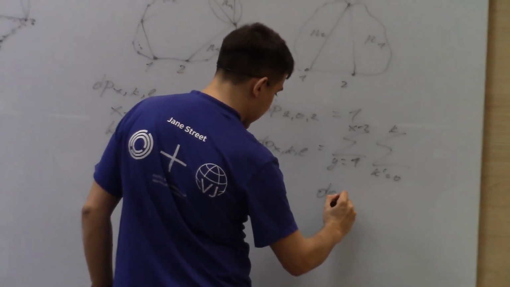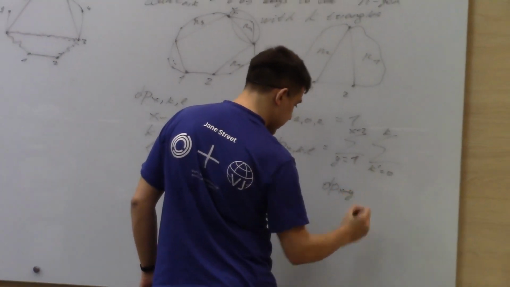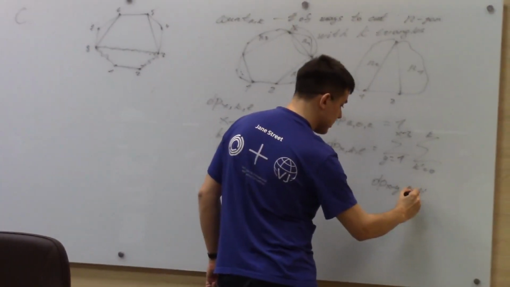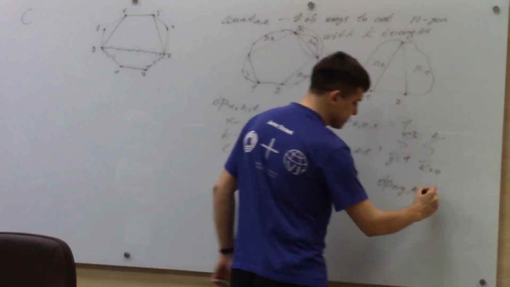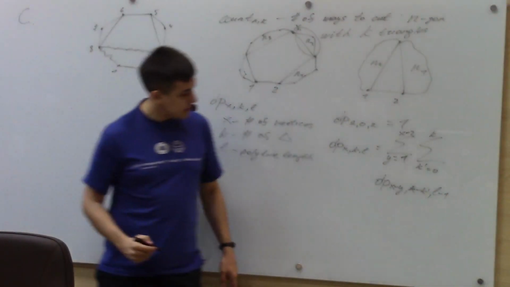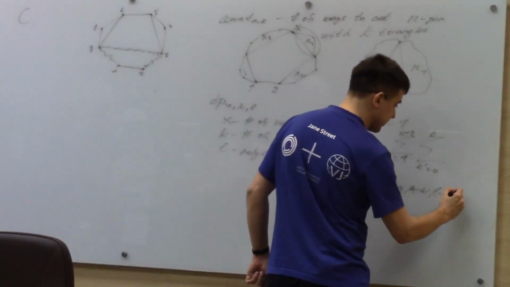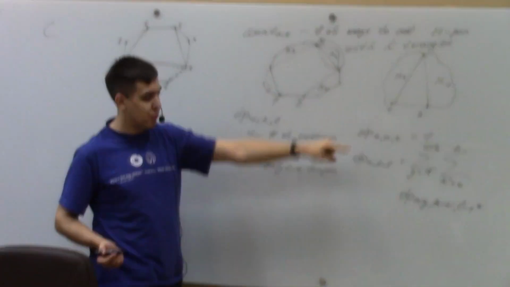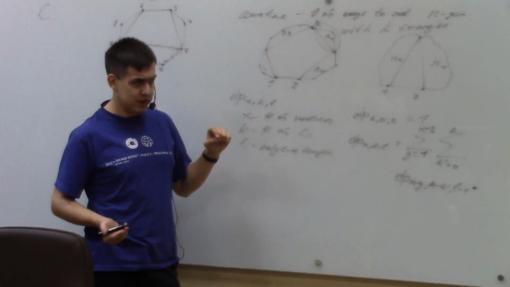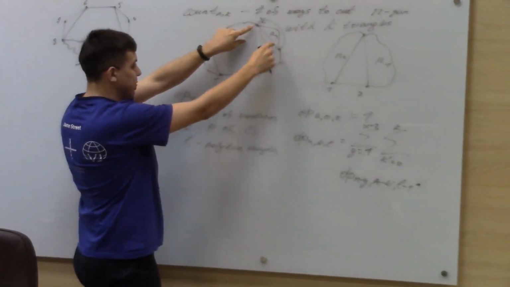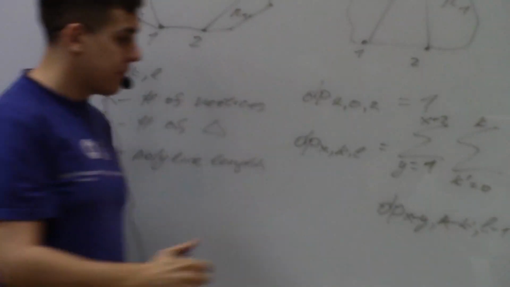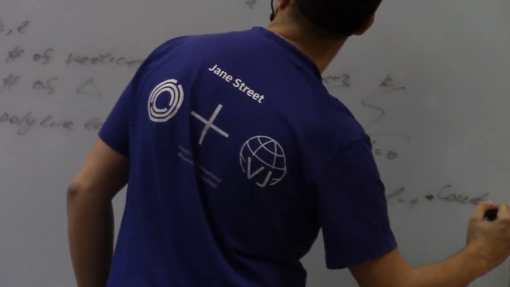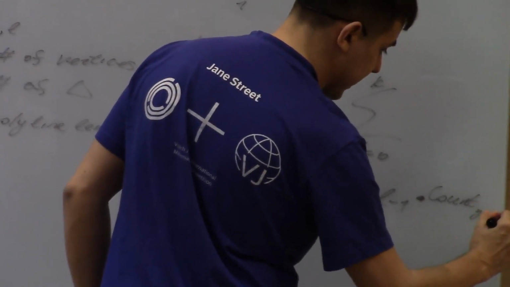It's x minus y, k minus k prime, and l minus 1, times the number of ways to create such a polygon on y plus 1 vertices, since we use the last vertex and we use y more vertices here. It's count of y plus 1 and k prime.